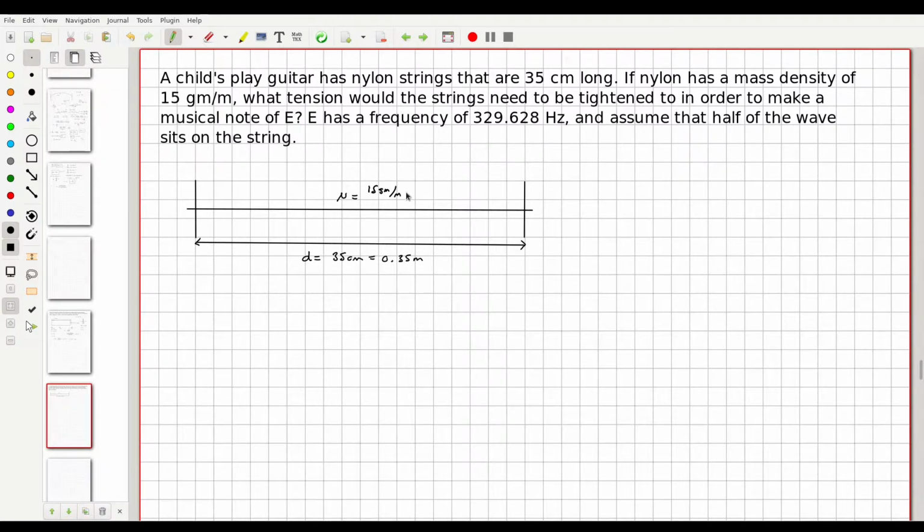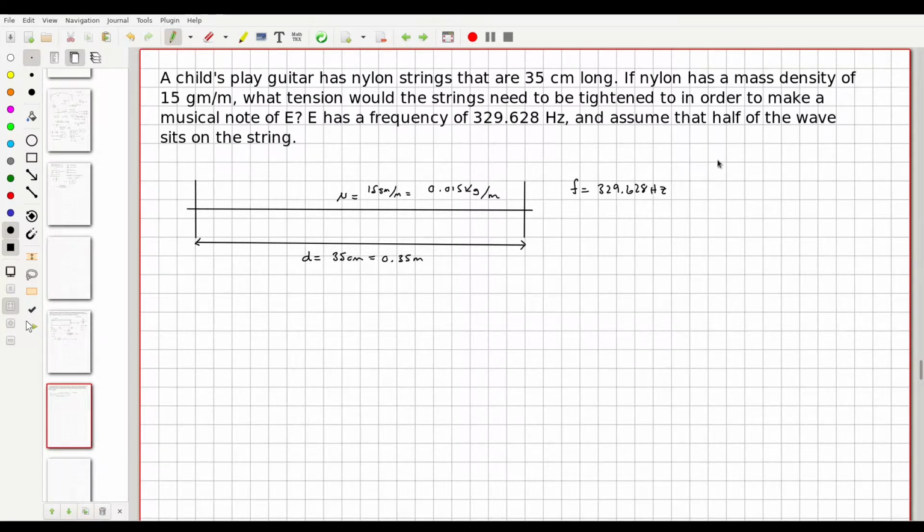So it's very light, or 0.015 kilograms per meter. Okay. We know the frequency of the note. It's 329.628 hertz. Now, what we're trying to find is the tension.